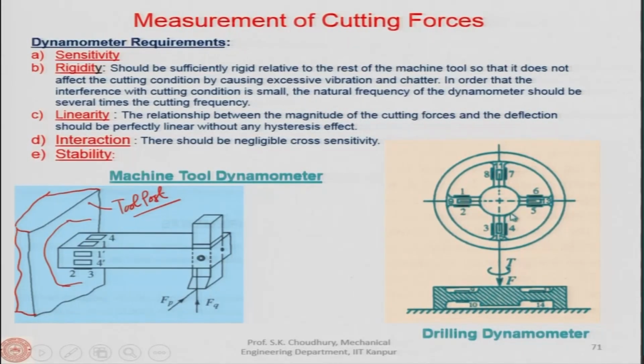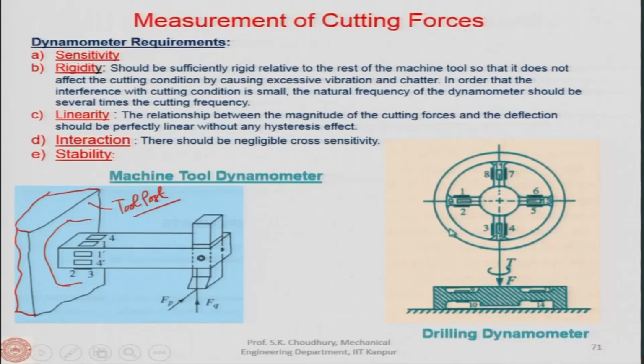And inside at the middle, this is the solid body. So, this is the solid body, and these are the spikes, which are solid arms. Now, on these 4 arms, we will have 16 strain gauges: 1, 2, 3, 4, 5, 6, 7, 8, and similarly 9, and on the other side 10, 11, 12, 13, 14, 15, 16 and so on.